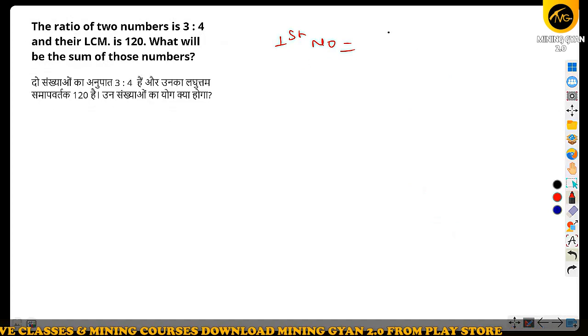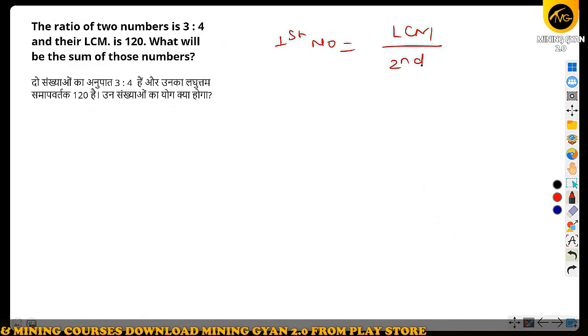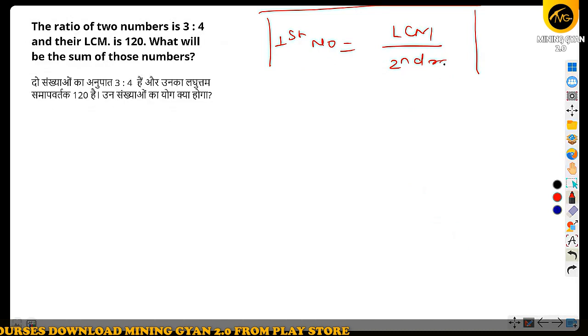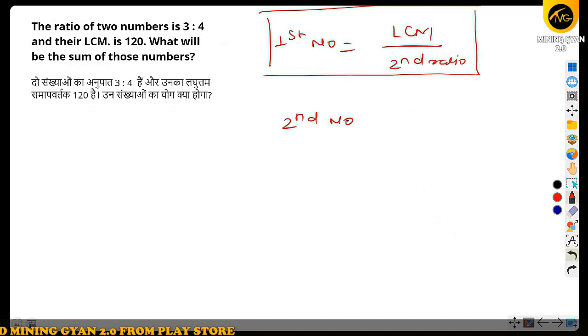If you want to find the first number, then LCM divided by the second ratio number. Clear? Sorry, the second ratio number. And if you want to find the second number with the given LCM, then LCM divided by the first ratio number.